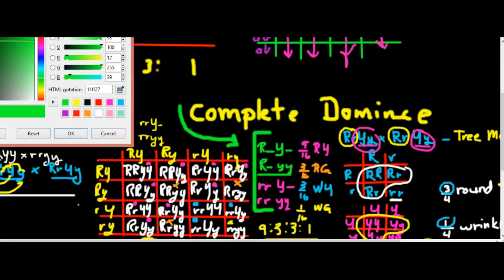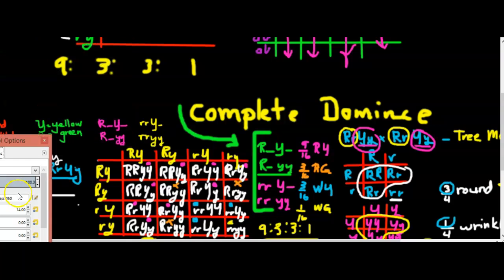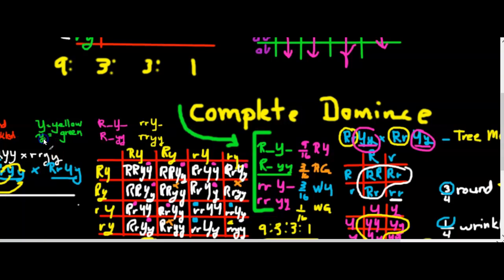Let me make my marker a little bit smaller since I made my picture a lot smaller. So for this one right here, this is always going to be dominant for both traits. I'll just use the R's and the Y's again.